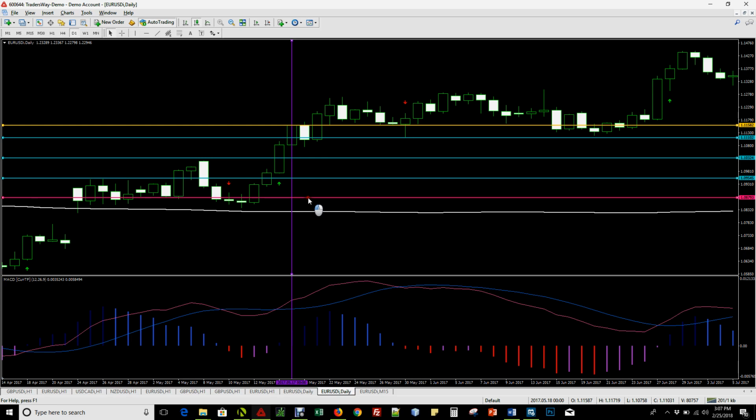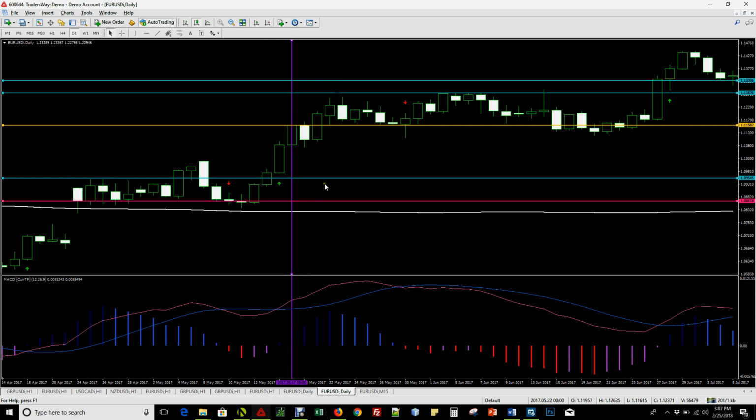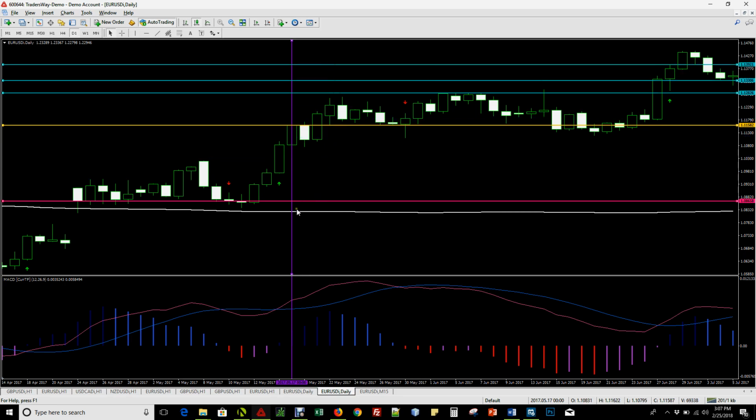Let's see here. Stop loss. There's 2 different. Let me move this out of the way real quick. 2 different stop losses you could look at. I personally would have gone right about there. Okay, that's where most of those candles hit down. That's a good support level. Okay.